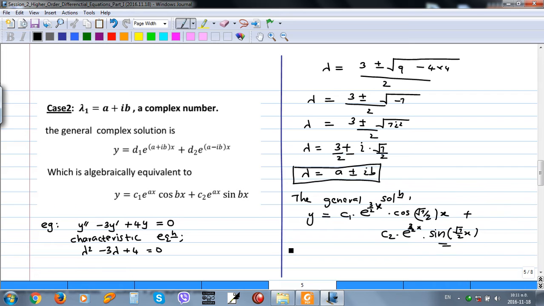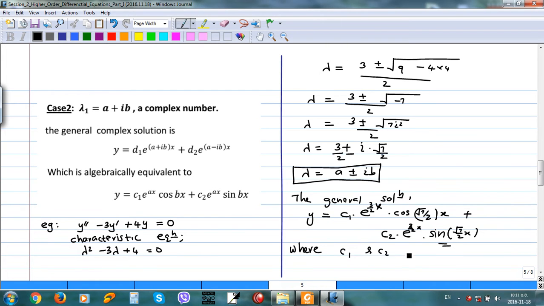This is the general solution where c1 and c2 are arbitrary constants.